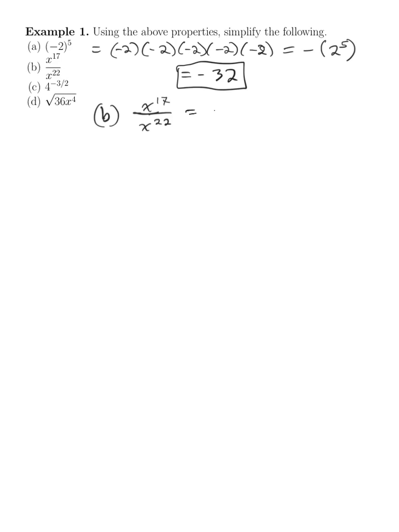So here, this would be x to the 17 minus 22, and so that's x to the negative 5. And you can leave it that way. There are no directions that said otherwise, but sometimes people would like to rewrite it as 1 over x to the fifth. And again, the definition of that negative power on top is that it should be 1 over that base and power on the bottom.